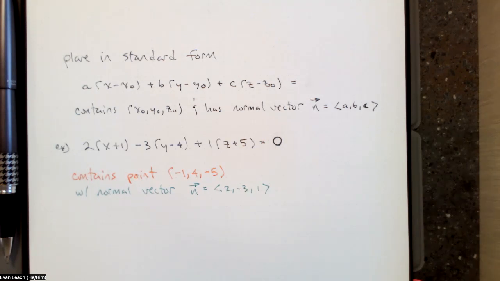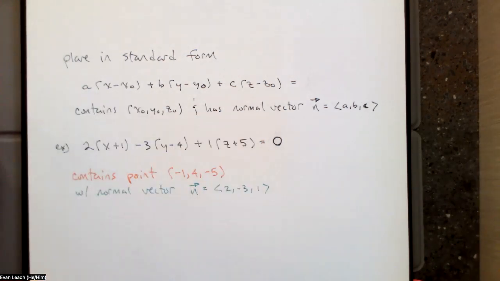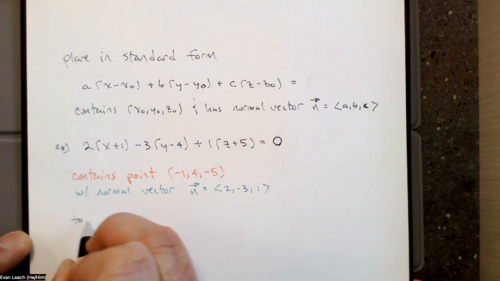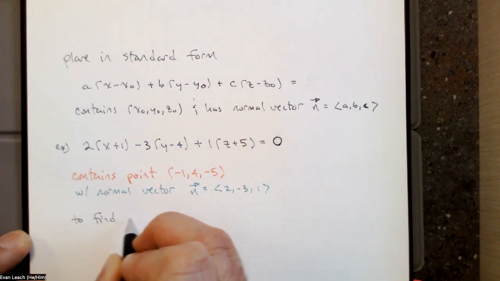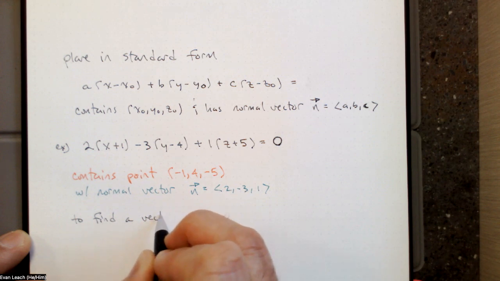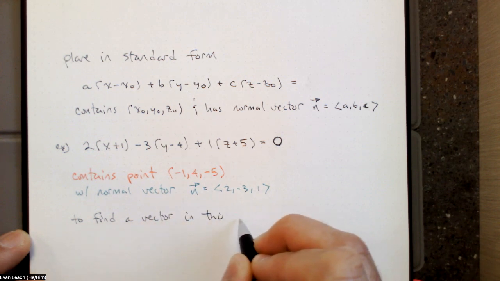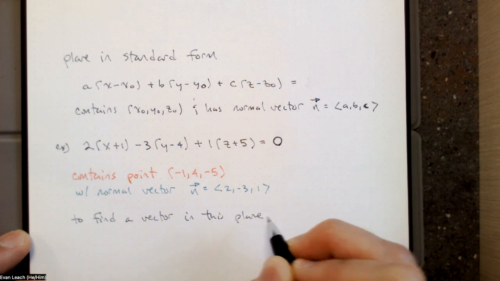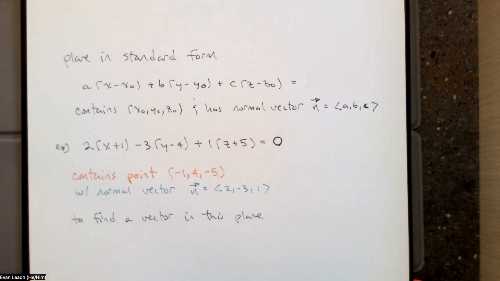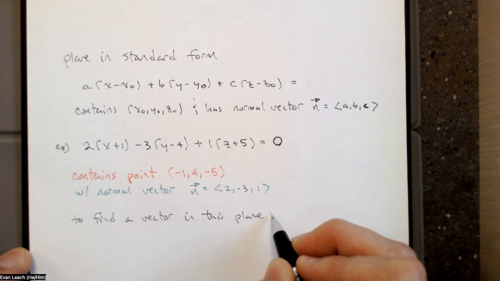So if we want a vector in this plane, one thing that we can do is find a couple of points on the plane and make a vector.